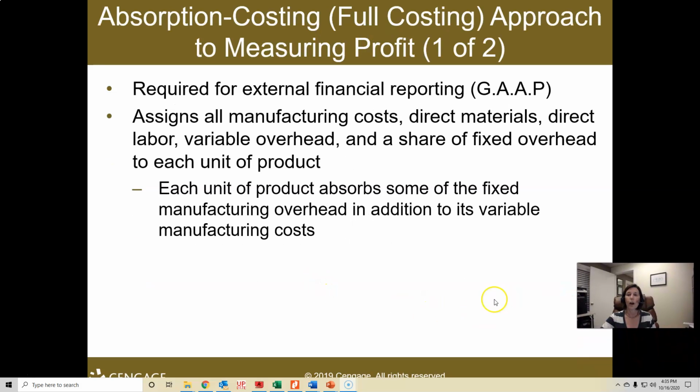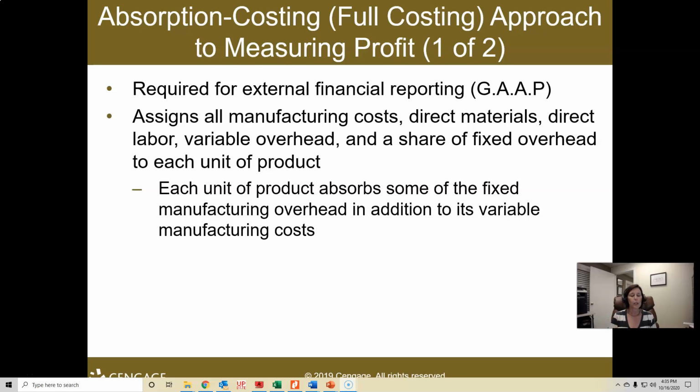Now, there are a couple of ways that we can measure profit, and it depends really on the purpose of that measurement. The first is called absorption costing, and this is something that is required for GAAP accounting. It's what we use to prepare our financial statements that we are going to give to the bank or our investors.